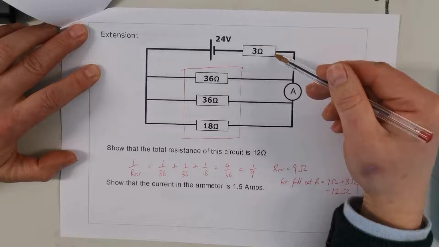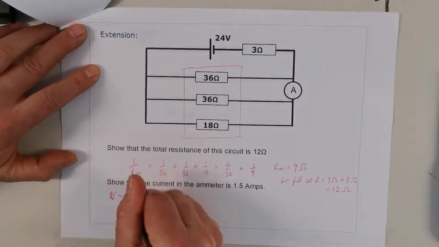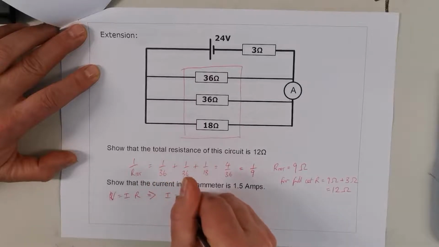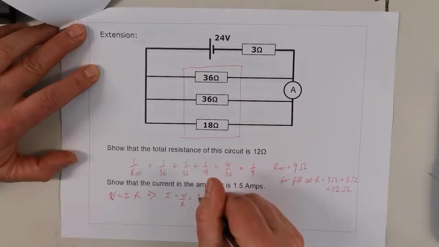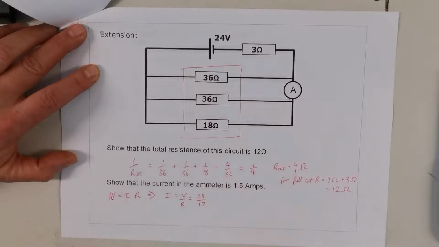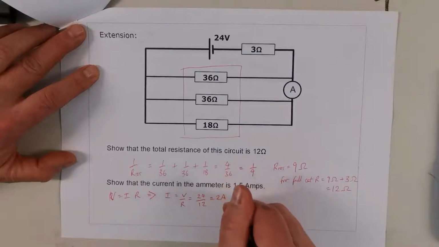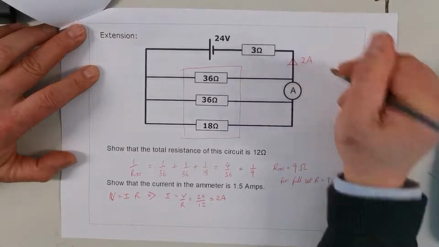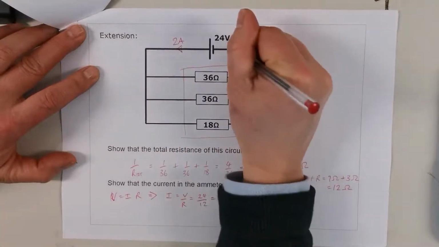So the current in the circuit, V equals I R. That tells me I equals V over R, which is 24 divided by 12, which is 2 amps. So that's 2 amps. Here though, that's 2 amps in the whole of the circuit.